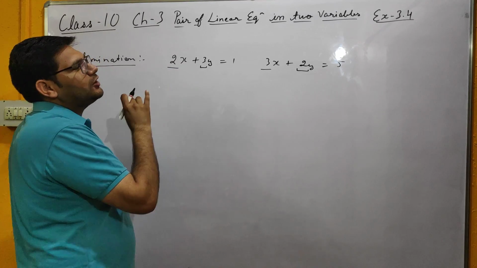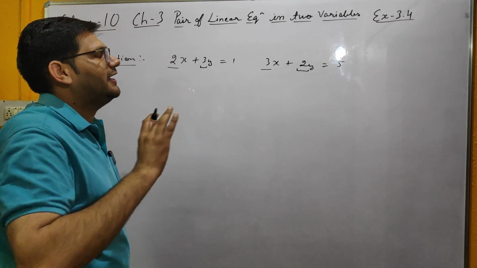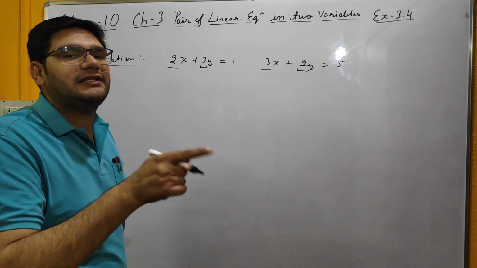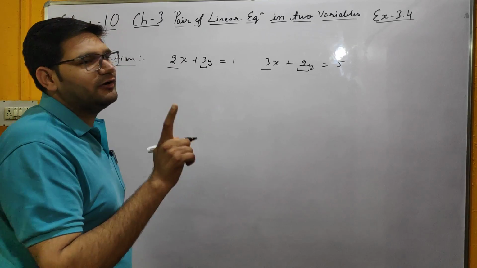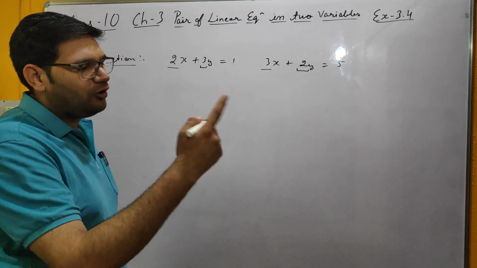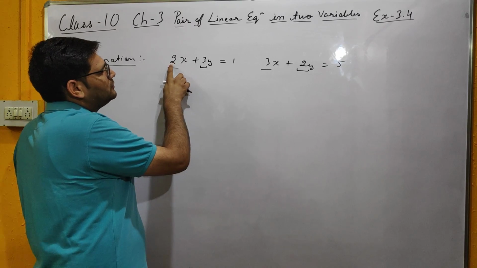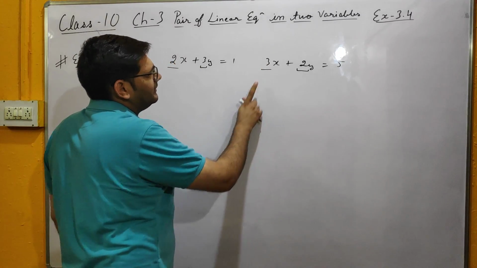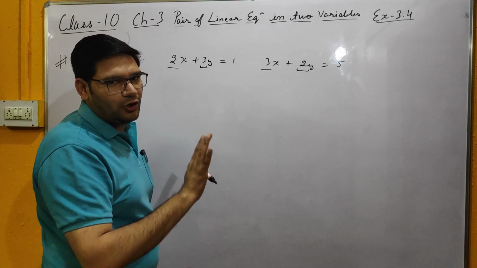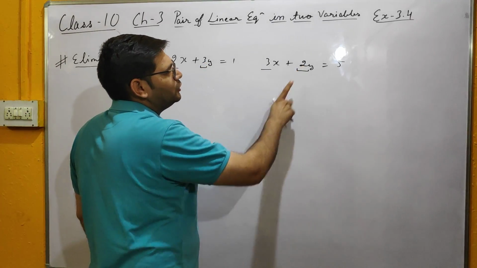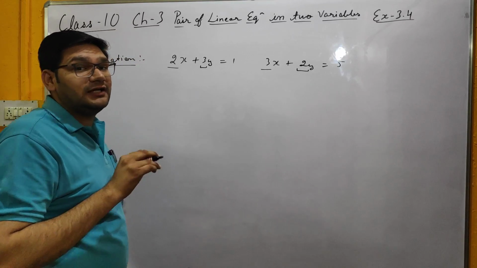If they are equal, then it's okay, and if they are not equal, then just make them equal. Only one of them, either x or y. Now see how. Here the coefficient of x is 2 and here it is 3. They are not equal. Now let's check y. Here it is 3 and here it is 2. Again they are not equal.